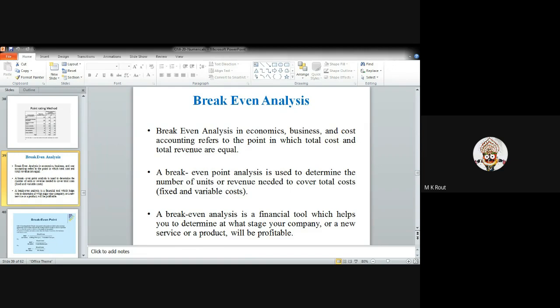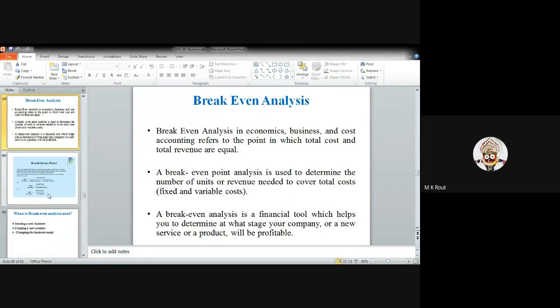After the success of the Bolero, the company directly went to launch the Scorpio model, and it was also a very huge success. And it happened due to the break even point analysis, where total cost and total revenue should be equal. Is it clear to all? Yes or no? Yes, sir.